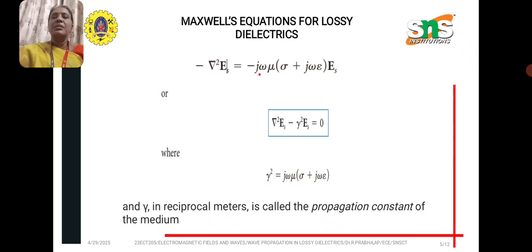This gamma is a complex term which contains two important parameters: one is the attenuation constant and the other is the phase constant.